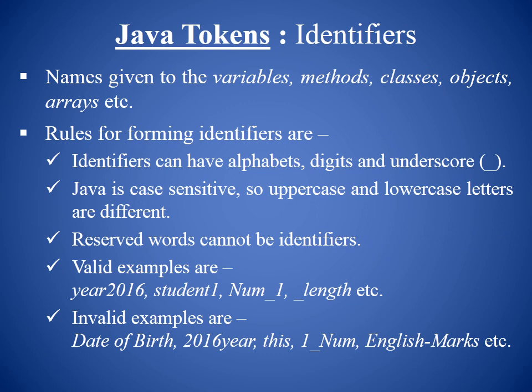identifier. As the name implies, it identifies something. So, identifiers identify variables, methods, classes, objects, arrays, etc. We should keep a few points in mind, given in the slide, concerning the names given to variables, functions, classes, objects, etc. An identifier may be a single alphabet or a group of alphabets only, or a group of alphabets and digits, that is alphanumeric, and underscore is one of the special characters which can also be used in an identifier.